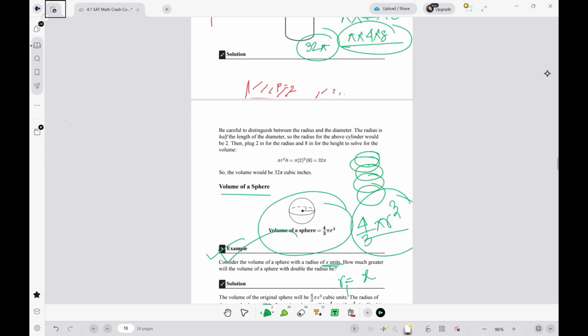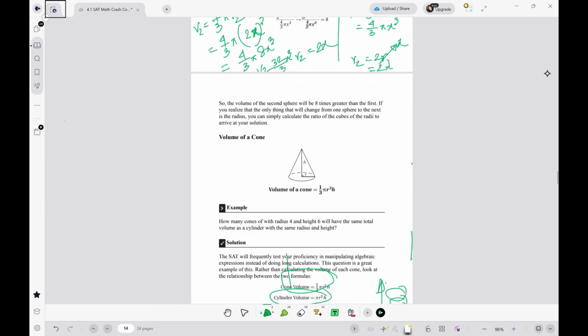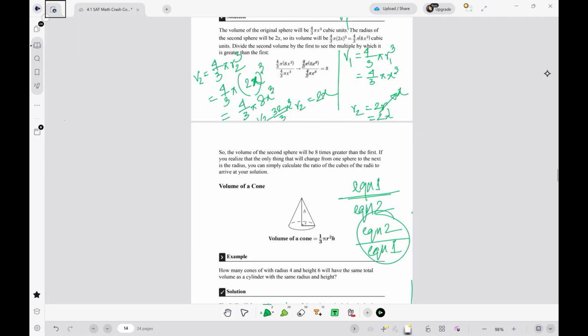Volume of the sphere is 4/3 pi r cube. We have done a problem because these problems are basically comparing equation 1 and equation 2. You just need to divide equation 1 by equation 2, or maybe equation 2 by equation 1. That is how you solve this type of comparison problem.